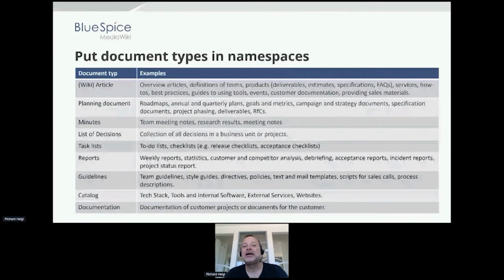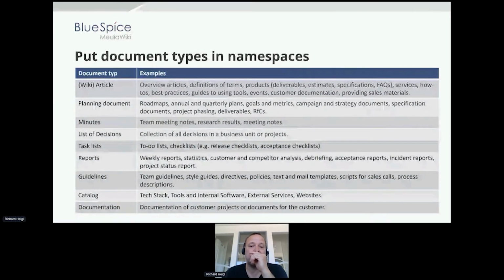Then out of these discussions you get decisions, and in the minutes you get tasks maybe, and if you're finished you need reports, and in the end the result could be guidelines or a documentation. So I think basically it makes sense to have such a structure.